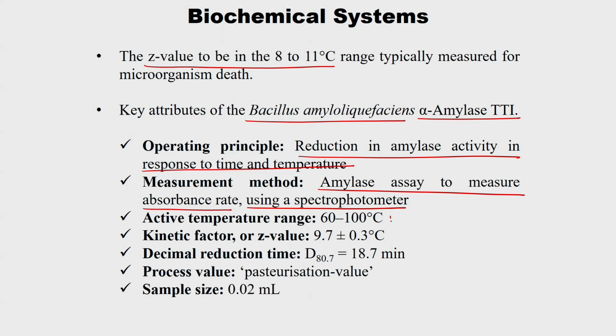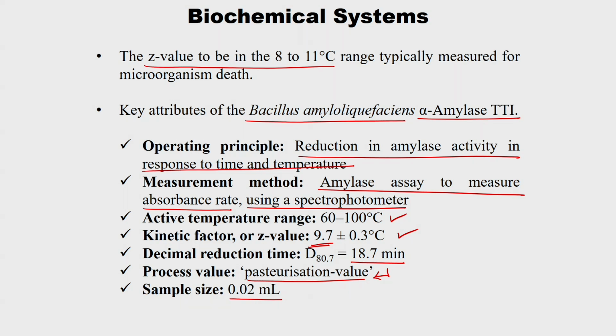The active temperature range is 60 to 100 degrees. The Z value is 9.7 plus or minus 3, so again around 10, whatever we used for Clostridium botulinum, and the decimal reduction time D at 80.7 is 18.7 minutes, which is higher than the target organism. The process value is the pasteurization value, and the sample size is 0.02 ml. Why pasteurization value? We cannot use it for sterilization because it inactivates at that high temperature.